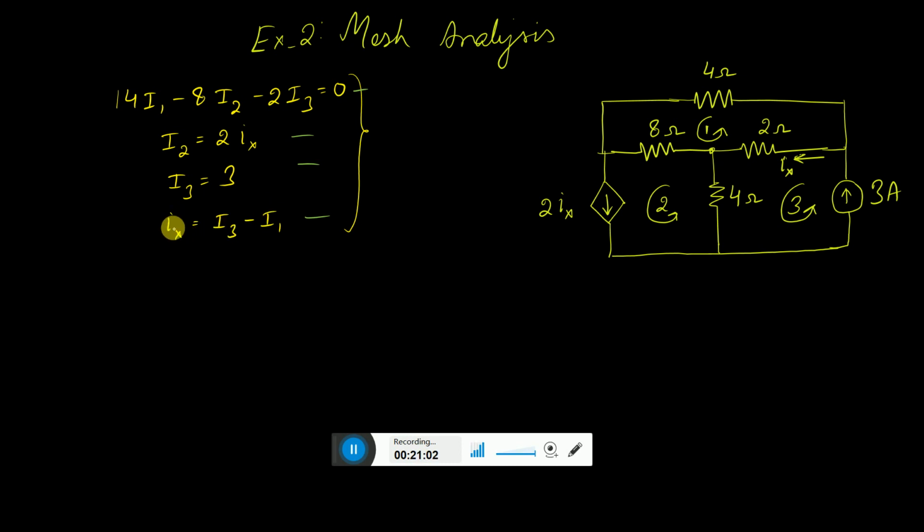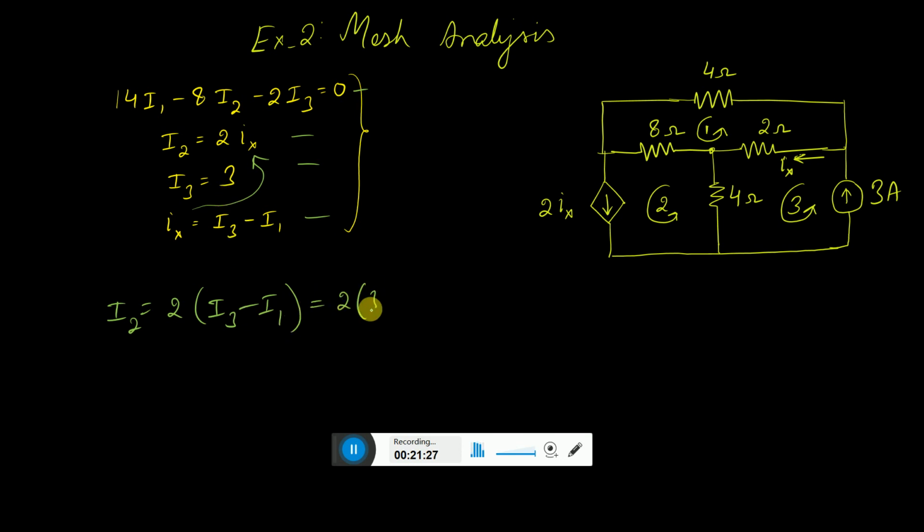So we can substitute the values of I3 and Ix. Let us substitute the value of Ix first in equation 2, from equation 4. So we can write 2 Ix is equal to 2 times I3 minus I1, and here the I3 value is 3.